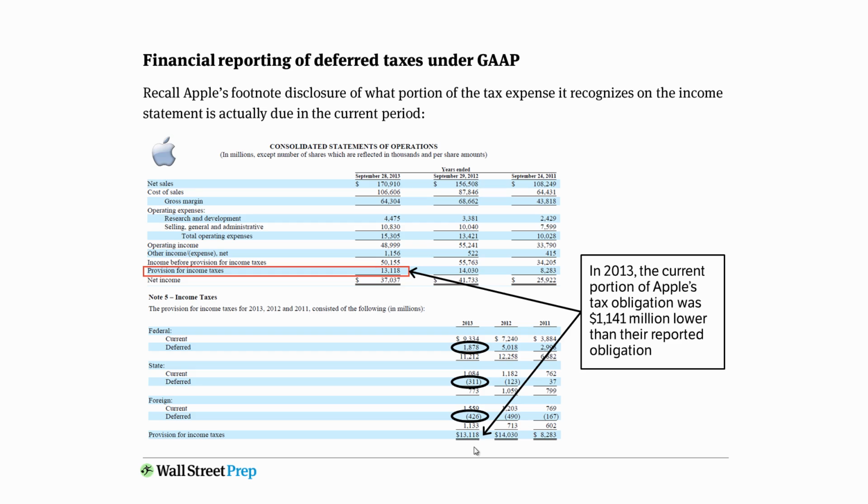And so if you get to the total of 13.118, which is the same here and here, recognize that their current tax obligation, if you add all three of these up, is actually $1.1 billion lower than the reported obligation. And it's these deferred tax assets and liabilities that capture those differences and ultimately cycle themselves out in future years as these temporary timing differences are eliminated.